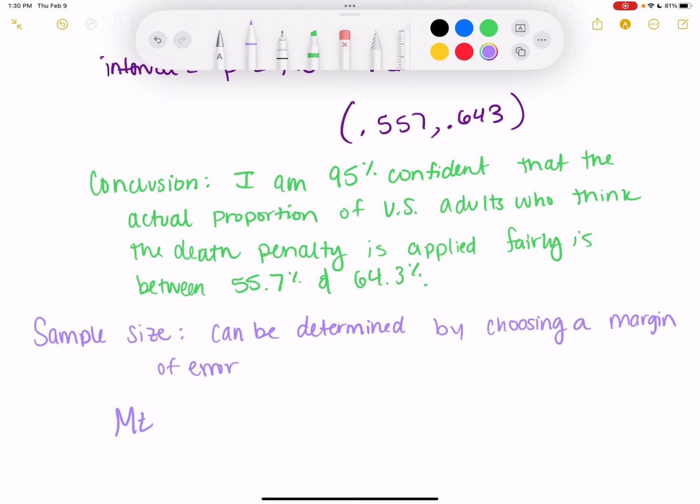So it would be something like ME for margin of error is equal to Z star times the square root of P hat Q hat over N. And you would solve it just like you would solve for an unknown variable normally.